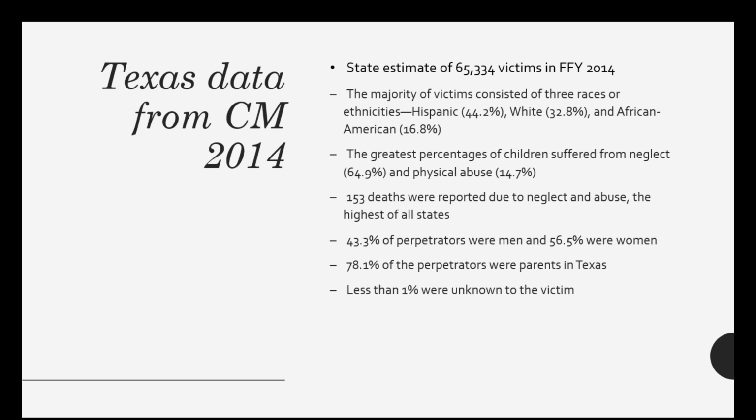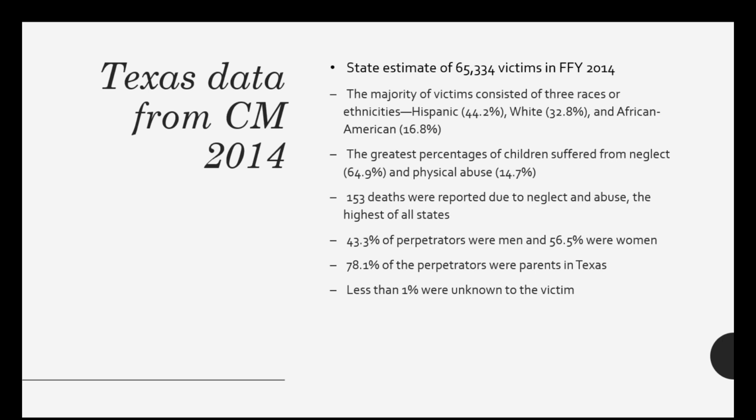We had 153 deaths reported due to neglect and abuse. And of note, for 2014, that is the highest number of deaths for all of the states, all of the reporting entities, so that includes DC and Puerto Rico. 43% of perpetrators in our state were men, and 56% were women.